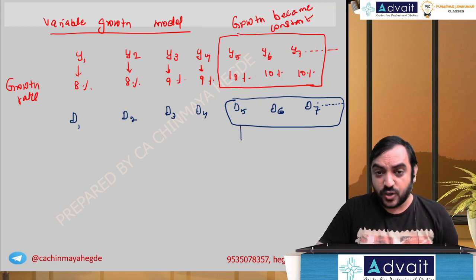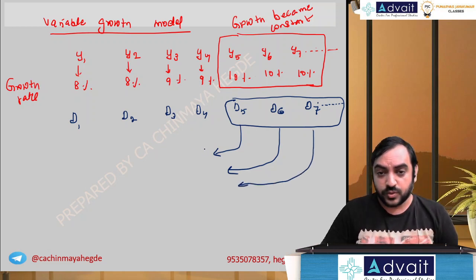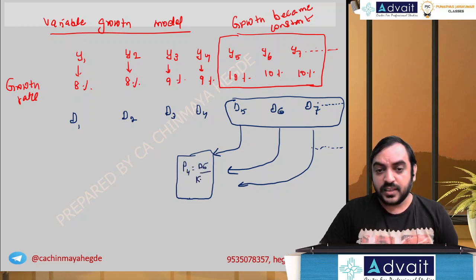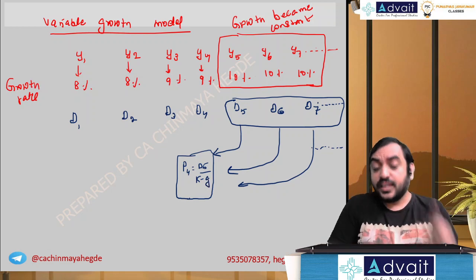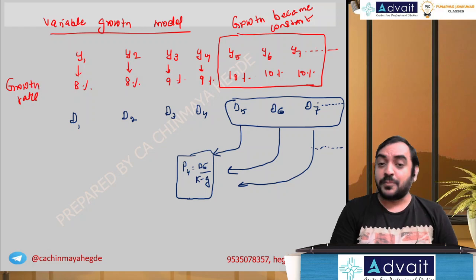So when I discount D5, D6, D7, and so on, what I get is P4, that is D5 by K minus G. Here I can apply the formula because the growth rate is constant, so the Gordon growth model can be applied.